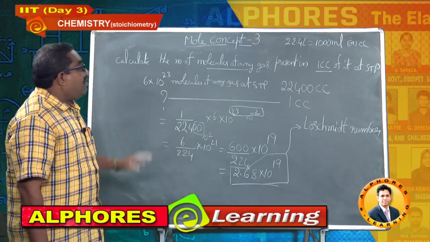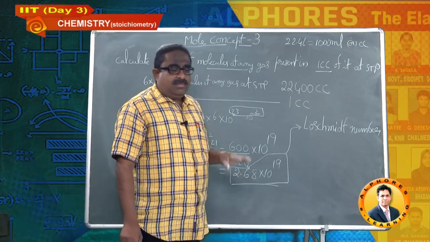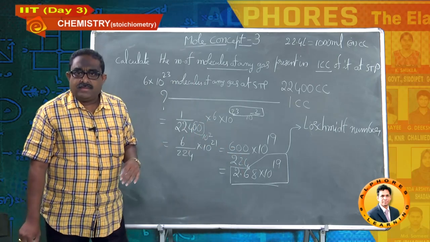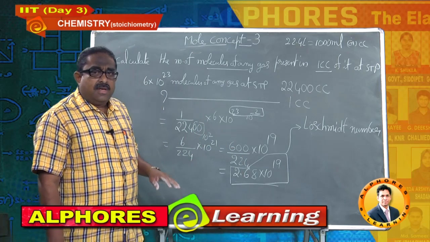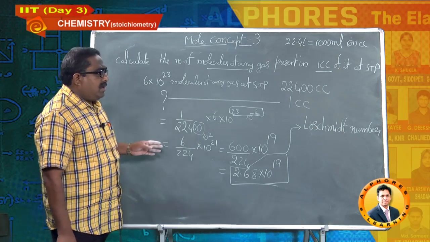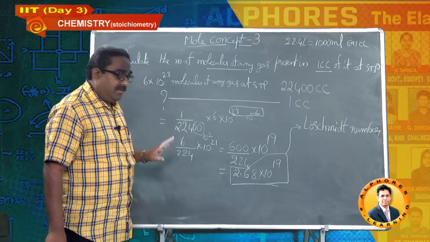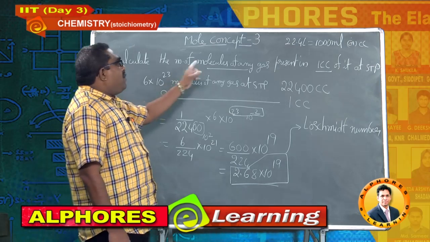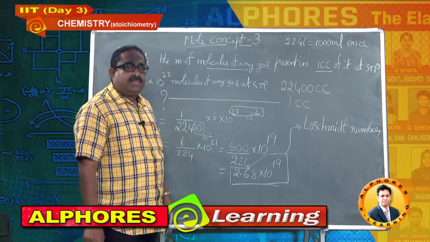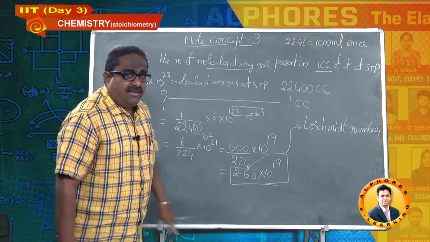One more thing, students: GAW, gram atomic weight, GMW, gram molecular weight, and mole concept are applicable for solids, liquids and gases, but the gram molar volume concept is applicable to only gases.